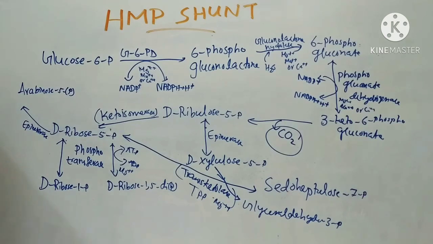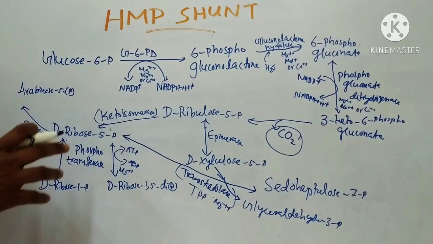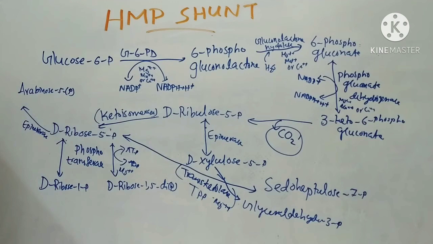So in this reaction, pentose phosphates are converted to hexose phosphate, that is fructose 6-phosphate, which is then isomerized to glucose 6-phosphate to begin the cycle again. Here the two enzymes are transketolase and transaldolase, and these reactions are called transketolation and transaldolation. In the HMP shunt there will be two transketolation reactions and one transaldolation reaction.